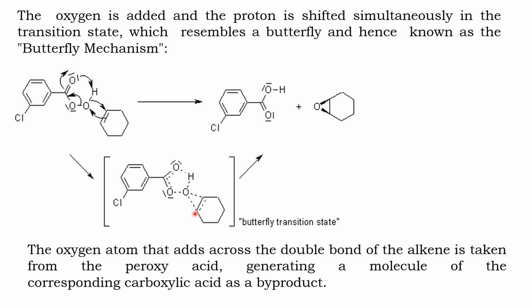And this butterfly transition state is converted to, see, this bond gets stabilized. As a result, we get meta-chlorobenzoic acid and the epoxide. The oxygen atom hence adds across the double bond, resulting in the formation of an epoxide. That is why the Prilezhaev reaction proceeds via a butterfly mechanism.